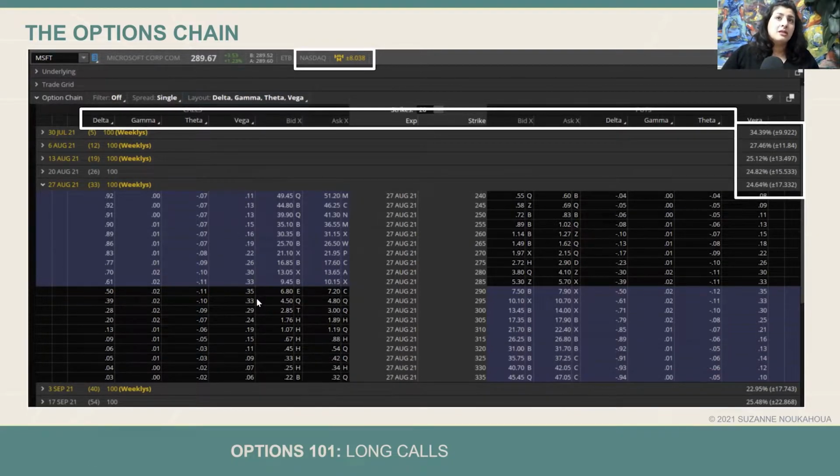And that is when the theta and the Vega are dropping faster than the delta is increasing and the underlying price is increasing.